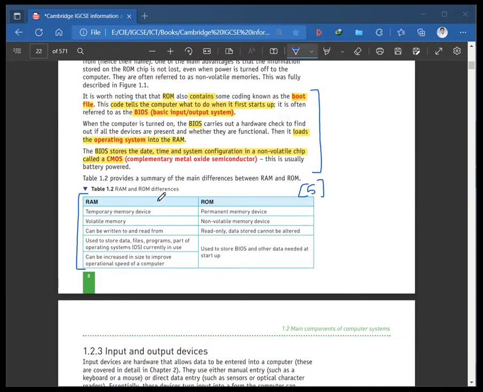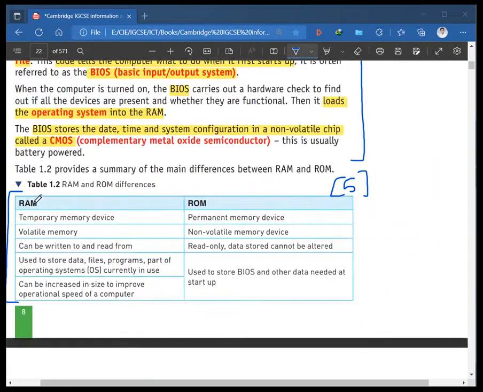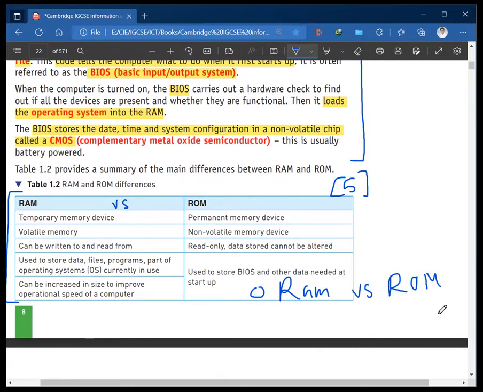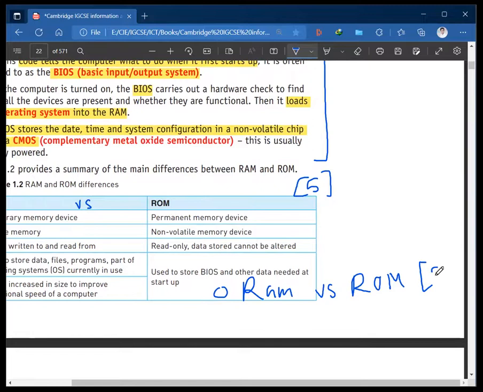Now please write in your notebook. Write RAM versus ROM as a heading and give page number 8. Make a bullet point perhaps and say RAM versus ROM, and you'll write 5 marks here.